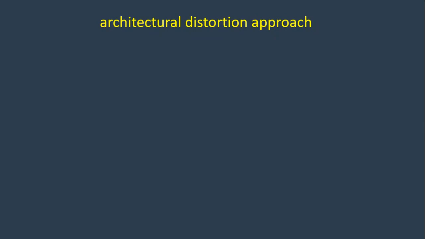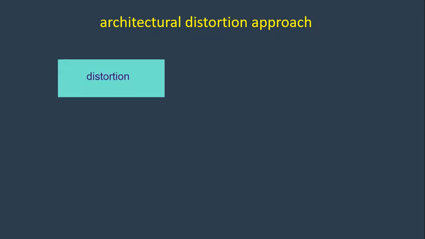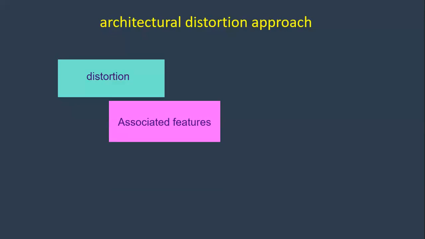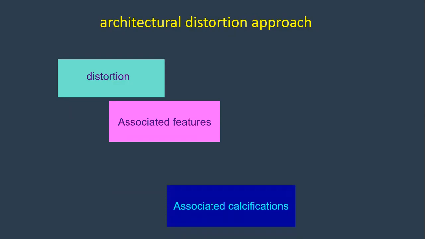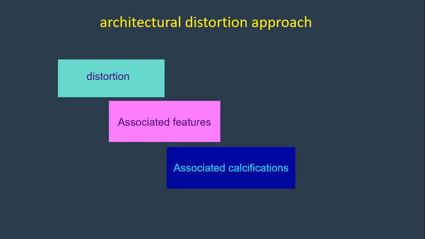If we have seen an area that might suggest architectural distortion, first of all, we need to define: is it an architectural distortion or not? This is first. Then look at the area of distortion. Is there any associated calcification, associated mass, or associated asymmetry? And then localize that abnormality within the mammogram, like the approach for asymmetry and for masses.